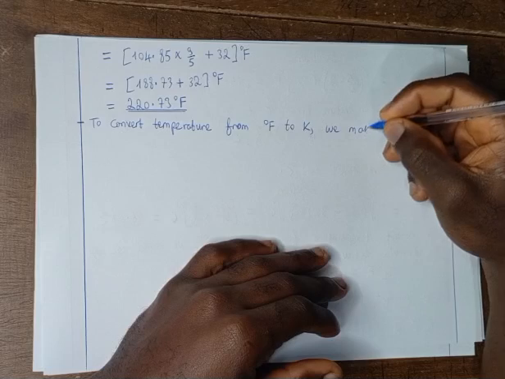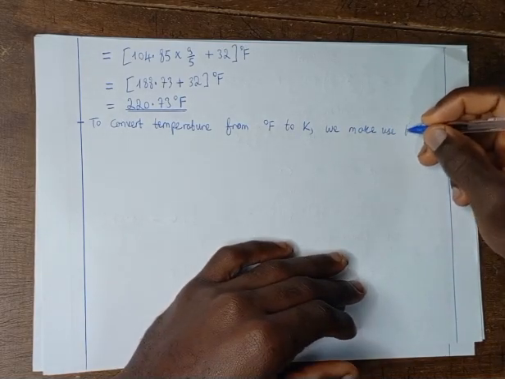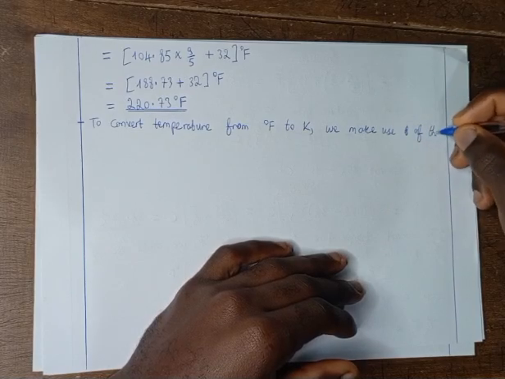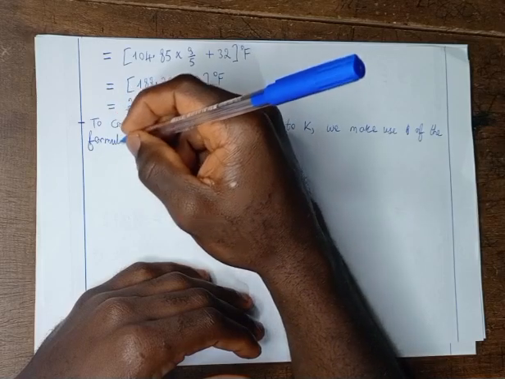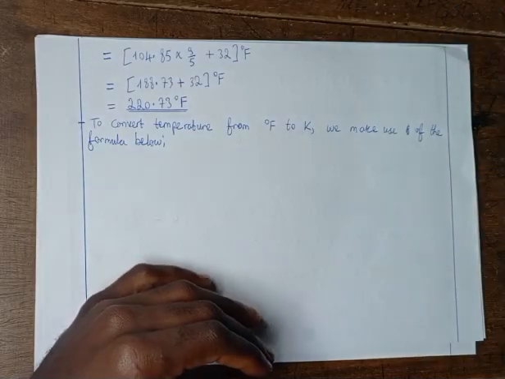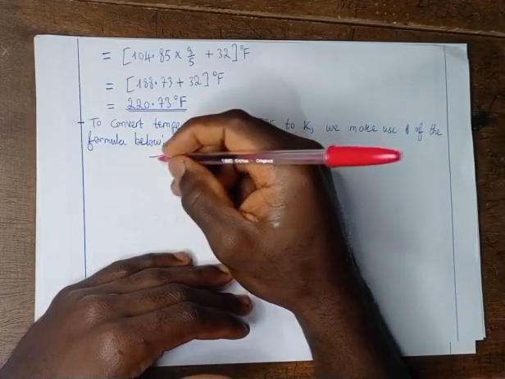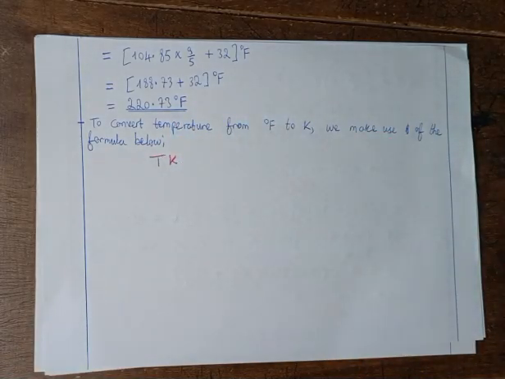We make use of the formula below. Write it down with a red pen. Temperature in Kelvin, capital T. When you see capital T, that means the value of the temperature in Kelvin. When you see small t, that means the value of the temperature in degrees Celsius. If you see capital T subscript 1, that means the value of the temperature in degrees Fahrenheit.